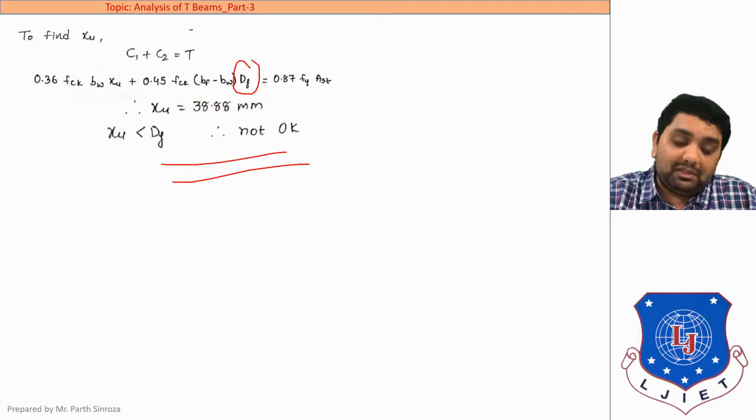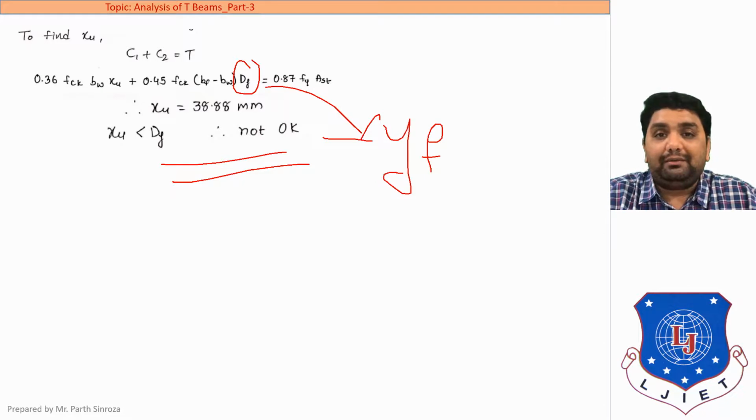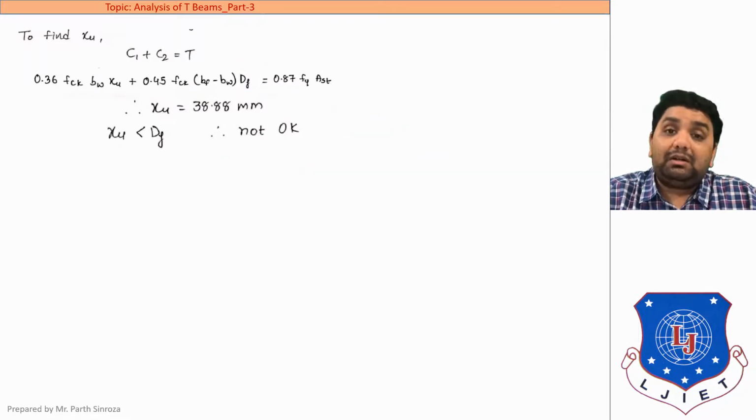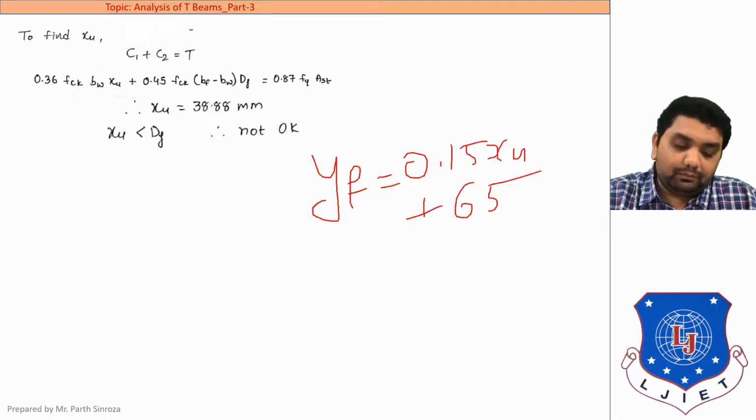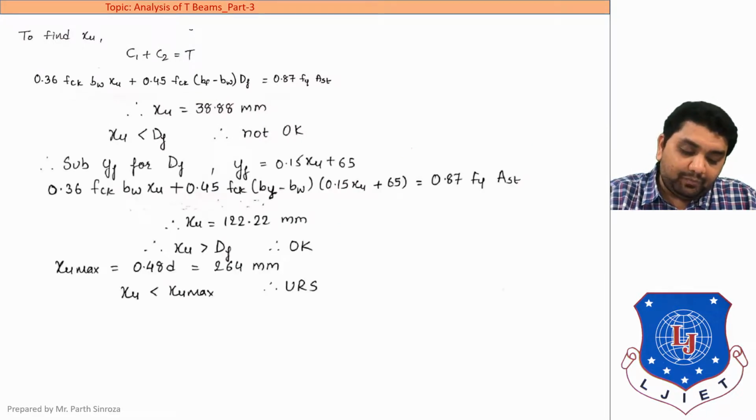So now, as we have seen in the previous sum, we will be substituting DF by YF. Clear? We will be substituting DF by YF. As the DF, that is depth of flange, is given as 100, YF will be again 0.15 XU plus 65. So we will be substituting this value.